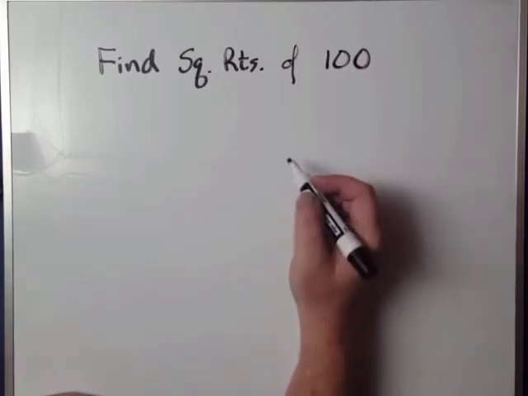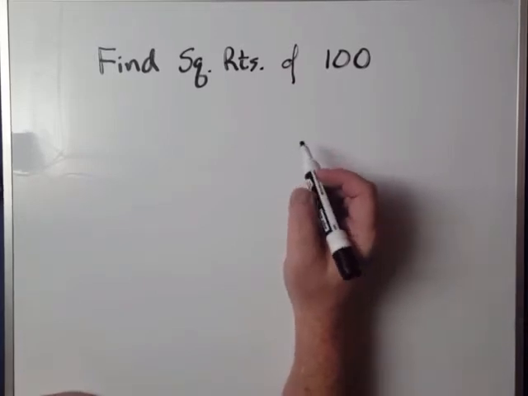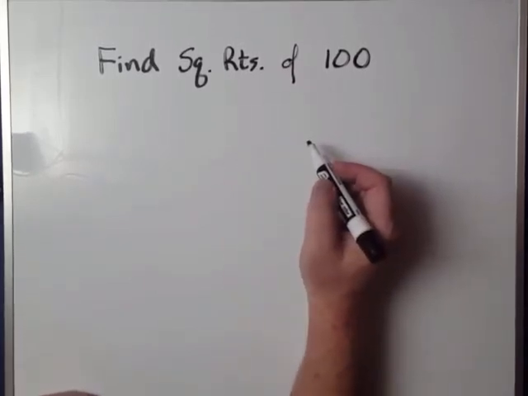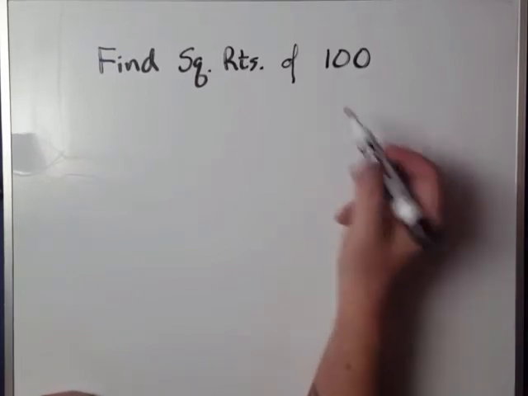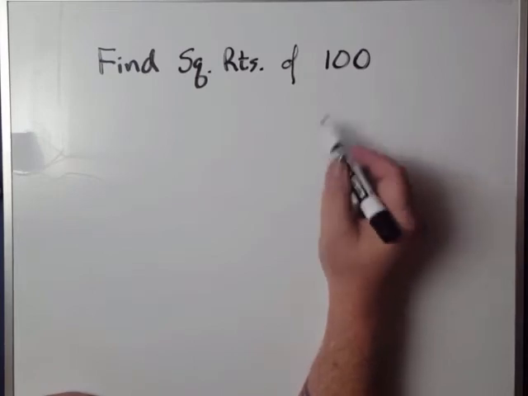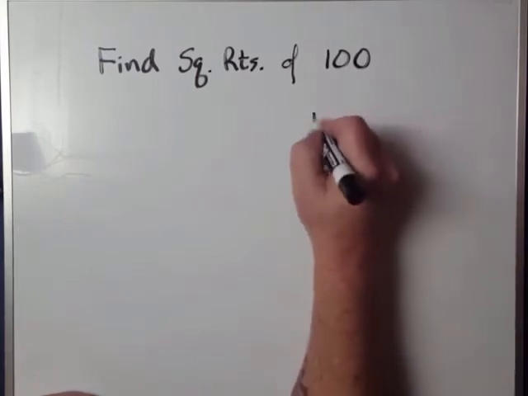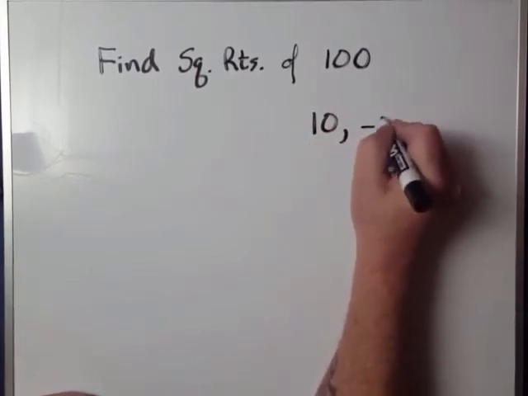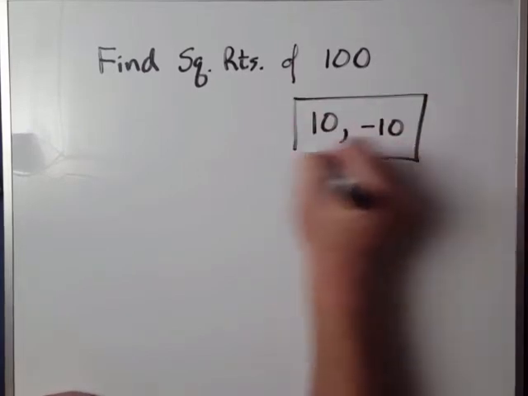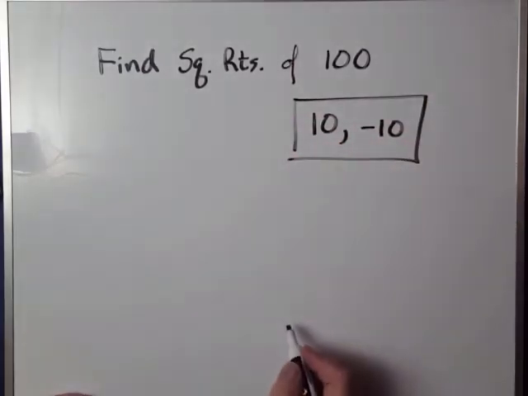The square roots of 0 are, well, there's just the one, just 0. But for any positive real number, it's going to have 2 square roots. 100 is a perfect square. You know what squared gives me 100. 10 and negative 10. Or again, use your plus minus notation.